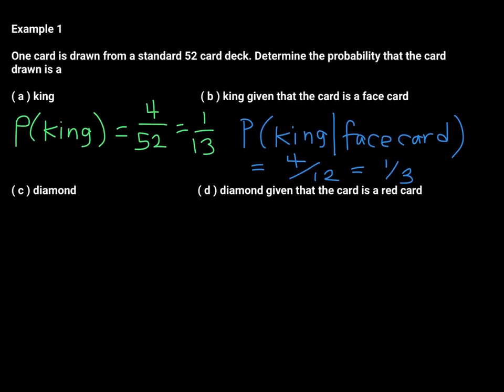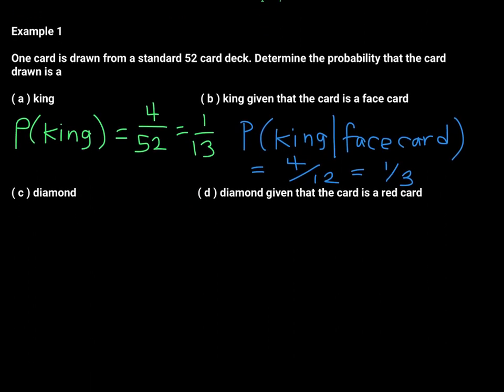Let's look at the next one. What is the probability that we choose a diamond? How many diamonds are there? Well, there's a complete suit of diamonds. Remember, in a standard 52 card deck, there are the numbers 1 through 10, the number 1 being the ace, and then your jack, queen, and king.